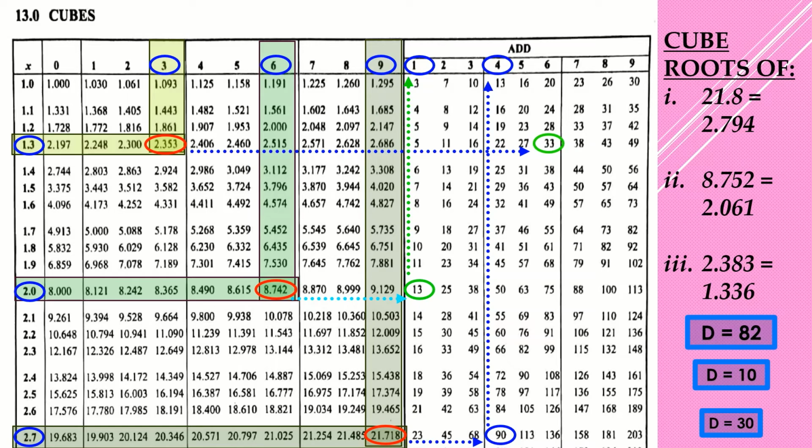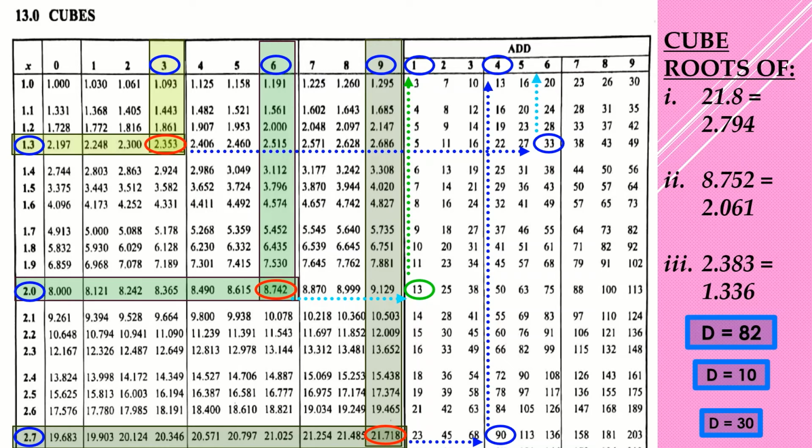Now it will help us to get the other digit that we need, which is part of our solution. And which is that number? It is number 6. On the x row, on the last table, that is the add table, we have digit 6.